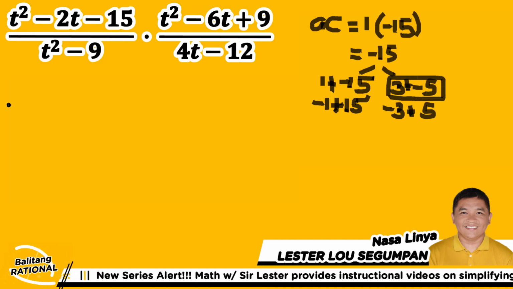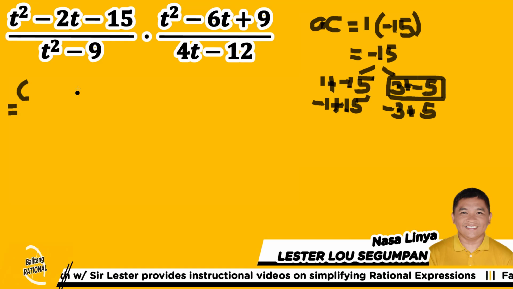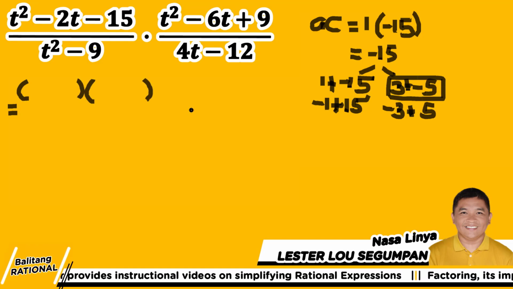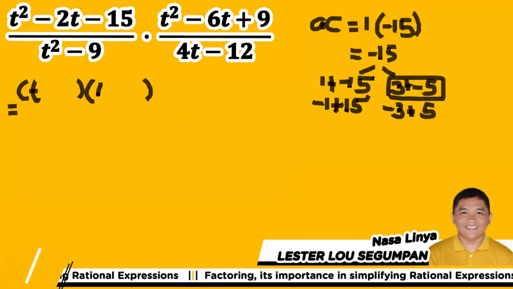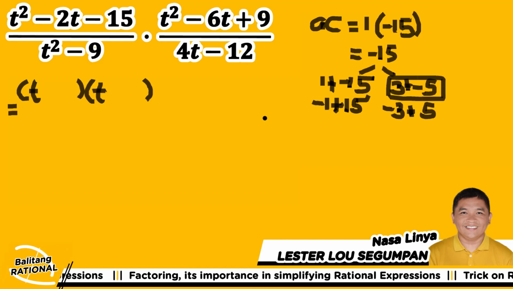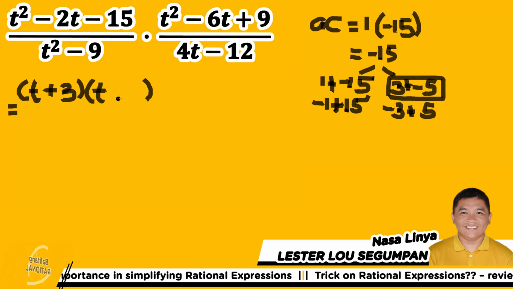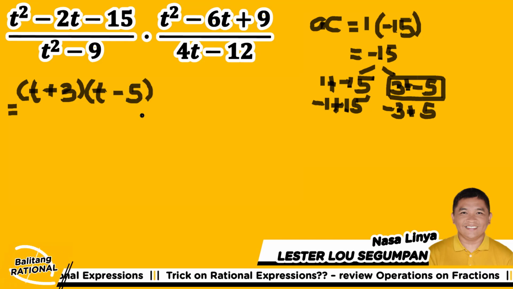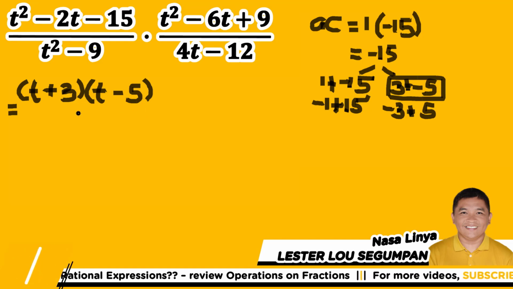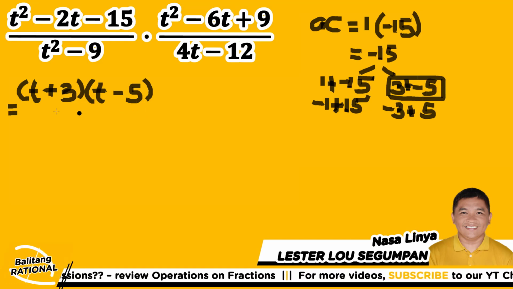So yung factor po natin ng ating first quadratic trinomial is a binomial expression po using the square root of the first term, t squared, which is t here, at dito rin po ikakopya natin. Then we are going to use the coefficients that we were able to identify earlier, yung plus 3 at saka yung negative 5. Ito po yung factors natin sa numerator ng ating first quadratic trinomial or first rational expression.